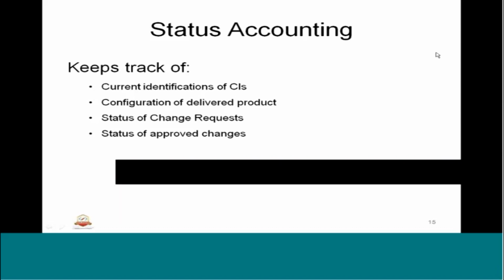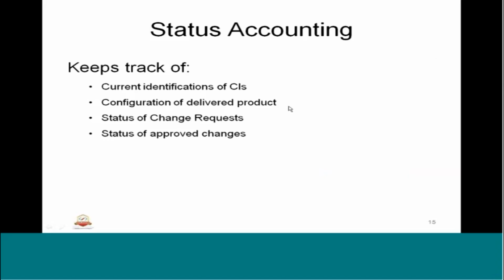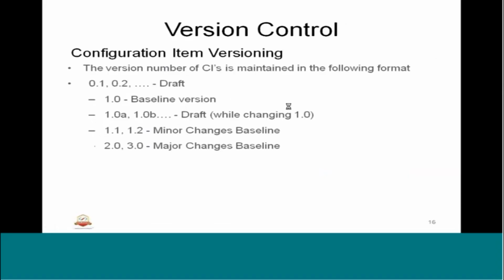Okay, next, coming to the important item called version control. So what is a version? Anything that identifies one configuration item with a number or a name, that process is called versioning. So a configuration item will be versioned. The version number of CIs is maintained in the following format.